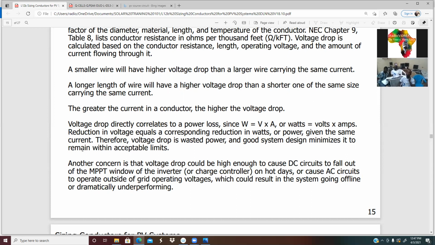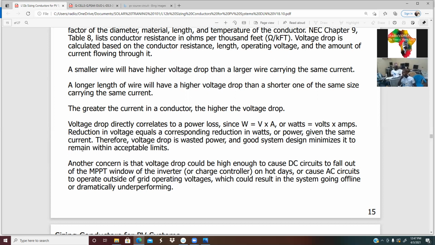And what happens when you lose watts? You will lose watt-hours, not so? And when you lose watt-hours, what happens to your appliances? The current will be low. The current will drop.